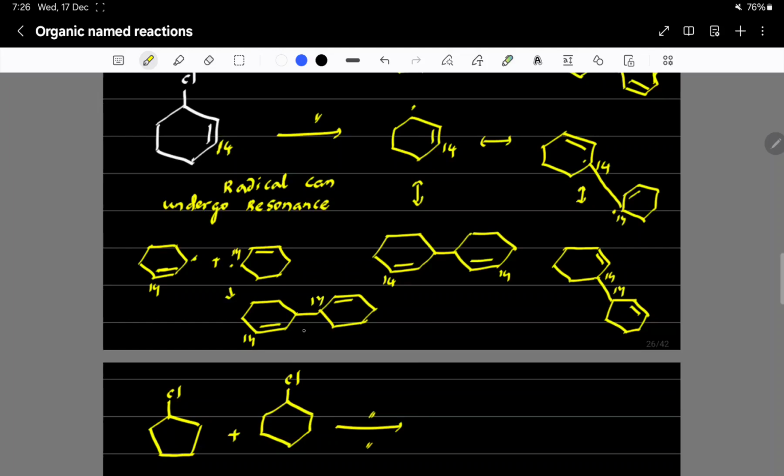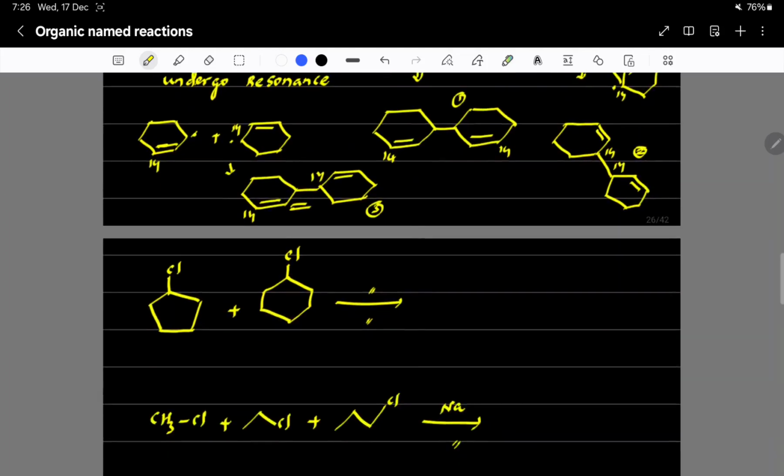Now this is the possible product. So this is 1, this is 2 and this is 3, right. Now the 3 possible products are out. Now look at, students, so we have cyclopropyl, cyclopentyl chloride and cyclohexyl chloride. So 3 different are there, student. Right. Now we will get one product, so this undergoing dimerization.